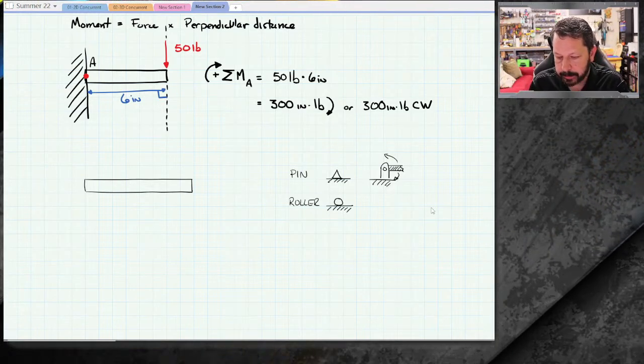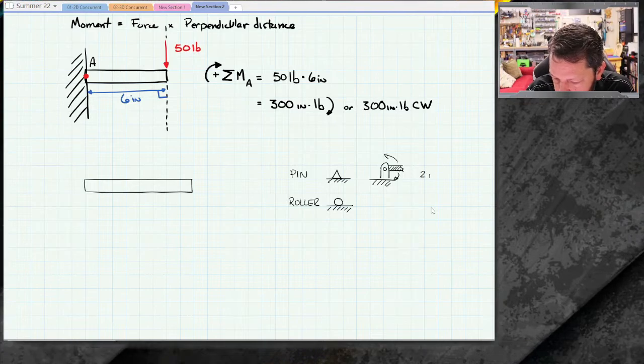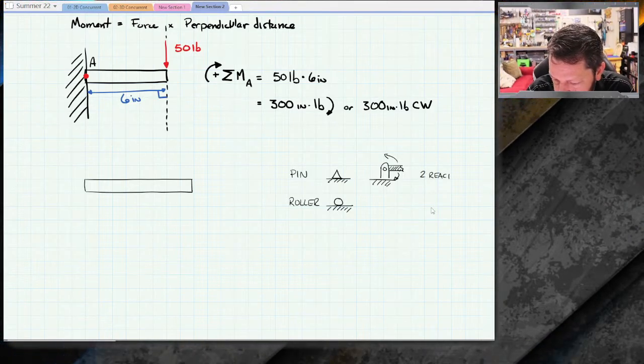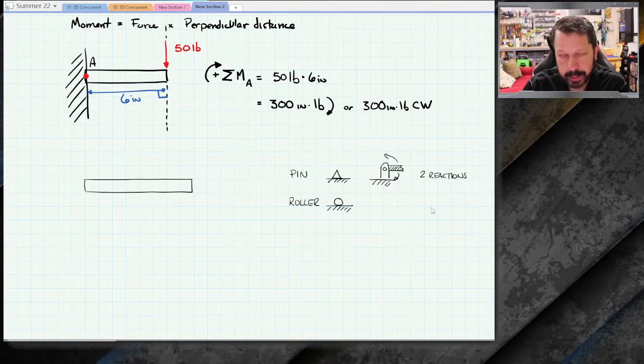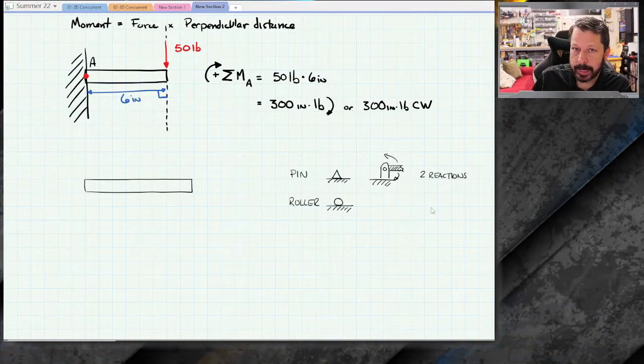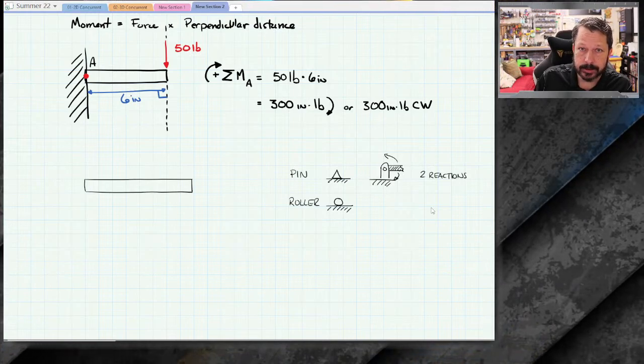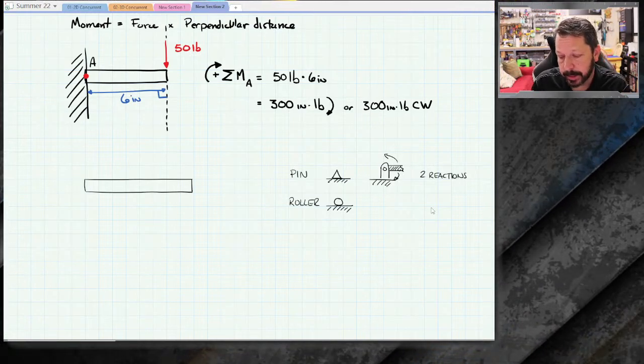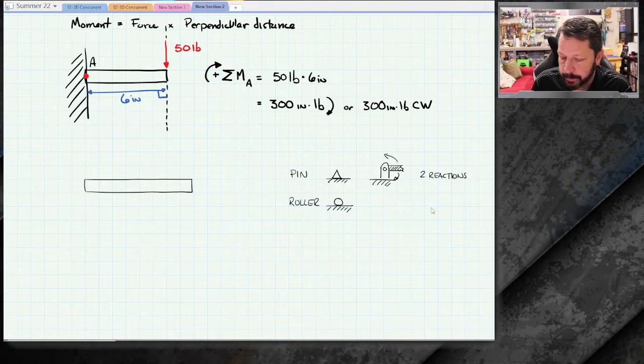So when I have a pin, I have two reactions, and the reactions are perpendicular to each other. Normally I draw them as a reaction in the X direction and a reaction in the Y direction. They don't have to be drawn that way, but normally that's how they end up being.